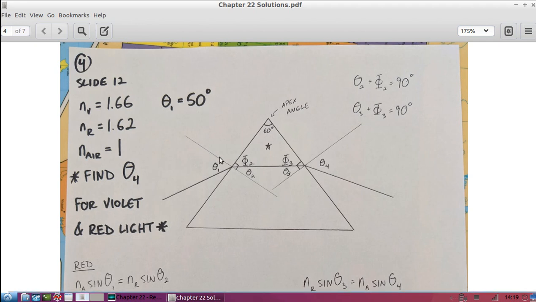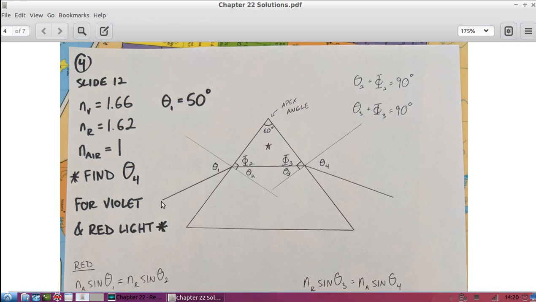I drew a normal line on this surface, and then I also estimated my refracted beam, and I drew it all the way across the prism, and then wherever it strikes this side, I drew another normal line. So these two extra lines, those are my normal lines.